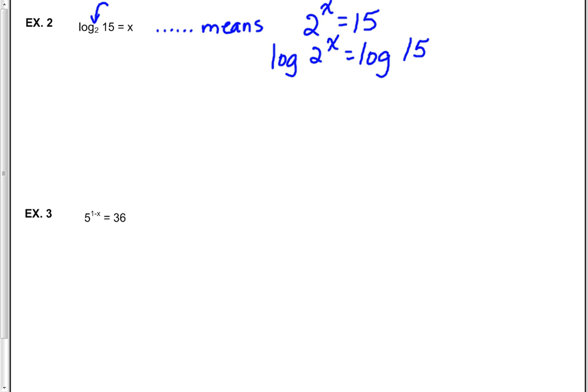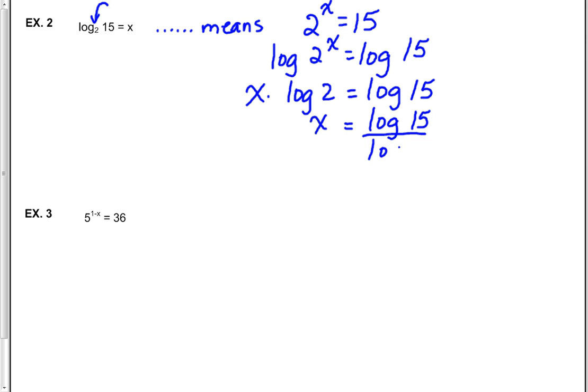I can rewrite that as x times log of 2 equals log of 15. To get x, I'm going to do log of 15 divided by log of 2. And my answer is 3.91.